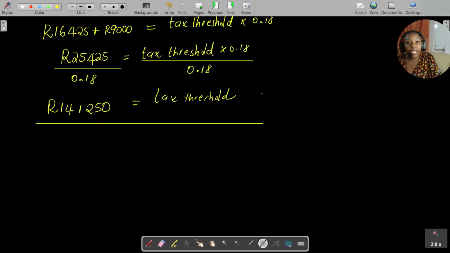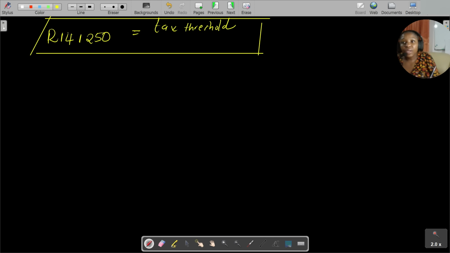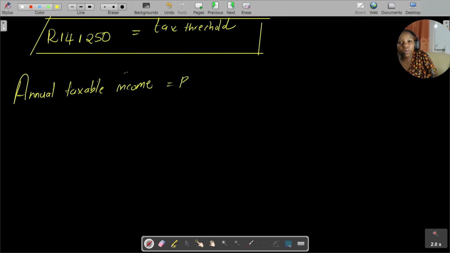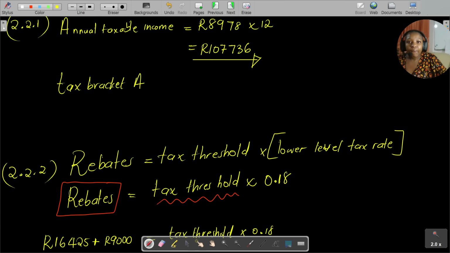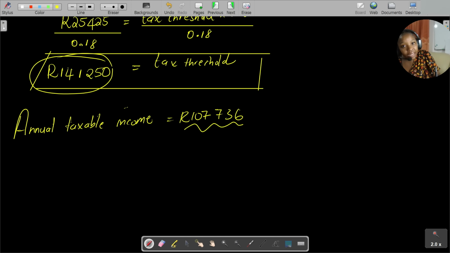That is what we can now use to help us determine whether David is supposed to pay tax or not. Remember, we found that David's annual taxable income is equal to 107,736. The tax threshold amount is 141,250. So what can we conclude? Is he supposed to pay tax or not? Because his salary is less than the tax threshold amount, we can conclude that his statement is valid.